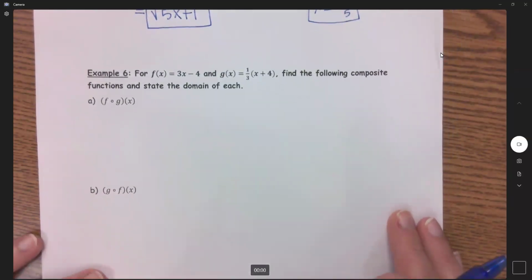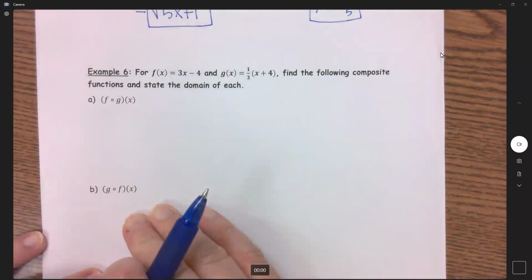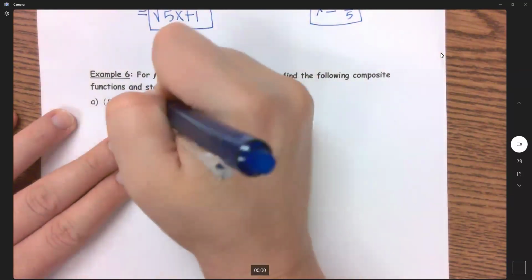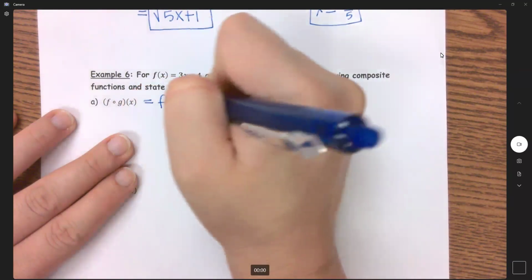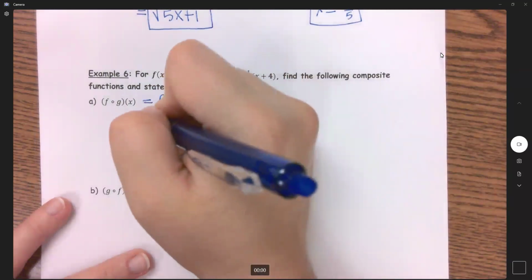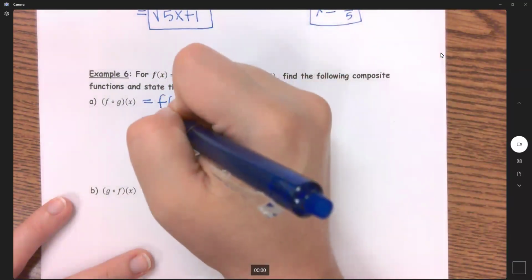Example 6, same 2 questions. Find your composite functions and then state the domain. So f composed of g of x is f of g of x. Starting inside, my g of x is all of this here, so I'm actually going to put some brackets.